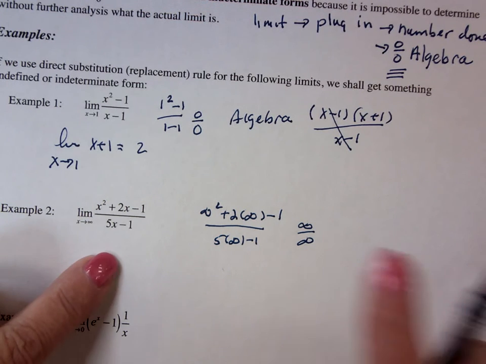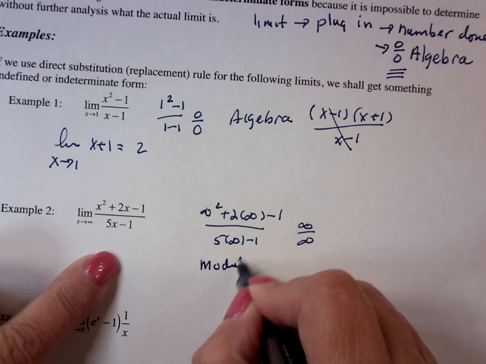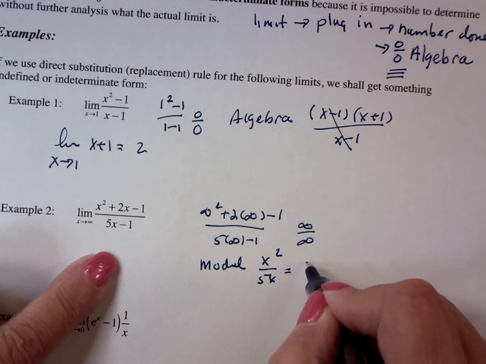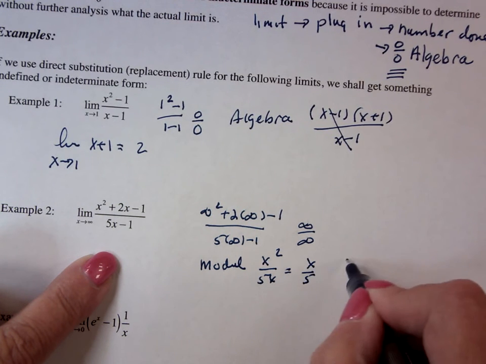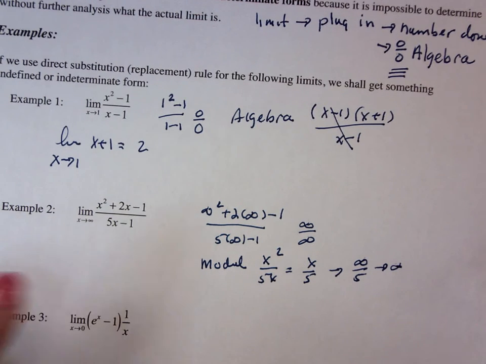We could say, okay, I'm going to take a look at my model. My model is x squared over 5x. This is x over 5. This goes to infinity over 5. This goes to infinity. So we say, well, it's infinity. But we didn't have a way of dealing with it other than kind of playing around with it.